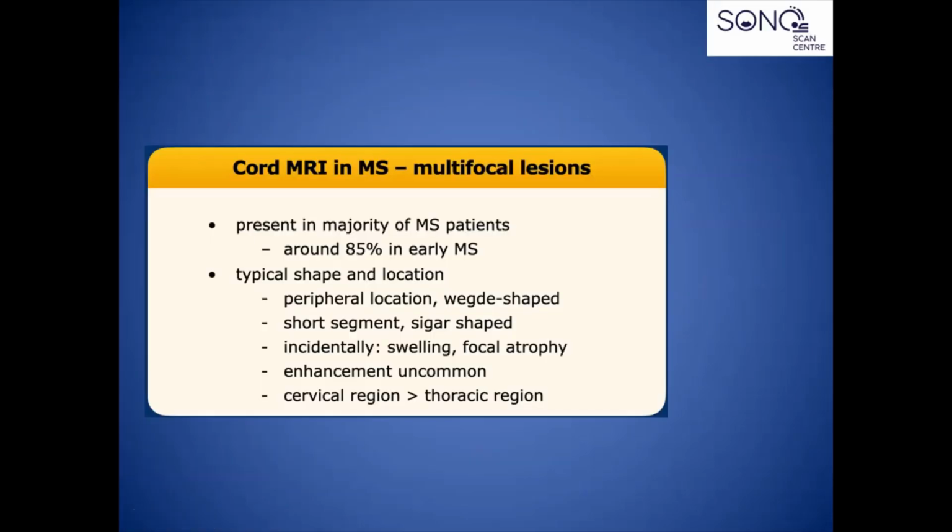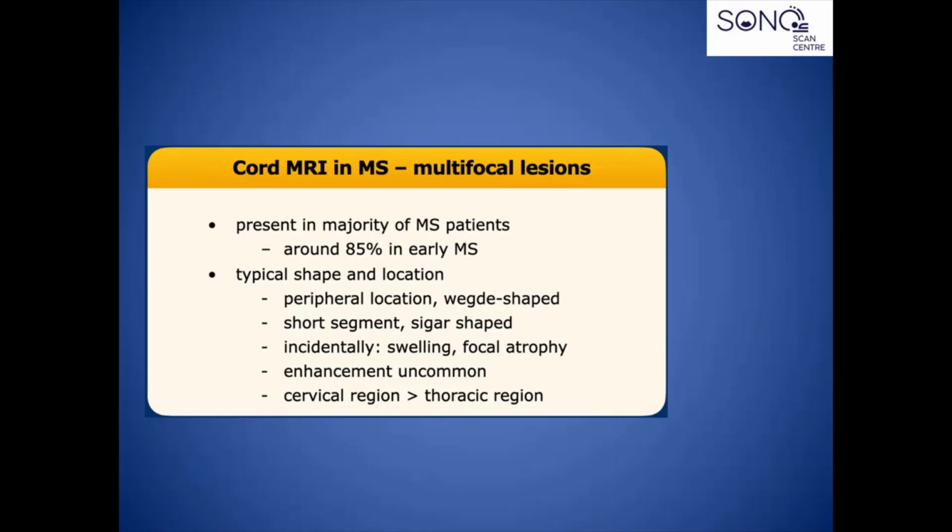So how do multifocal lesions present in the spinal cord? Around 85% of MS patients have lesions in the cervical cord. The cervical region is more common than the thoracic region. Most of the lesions in the spinal cord are in the periphery, rather than the central part.